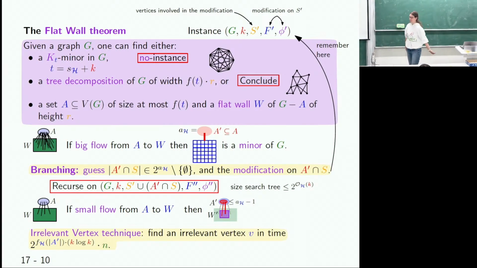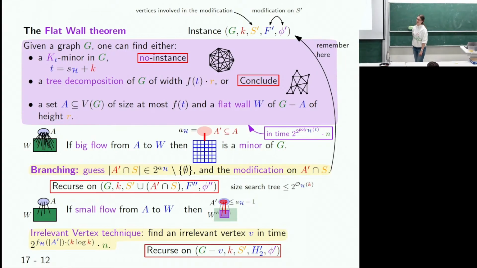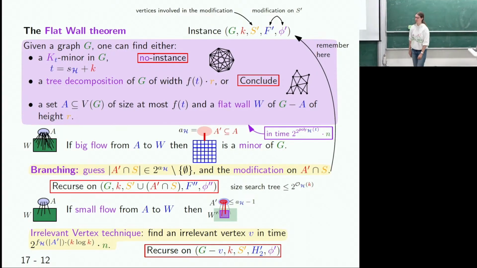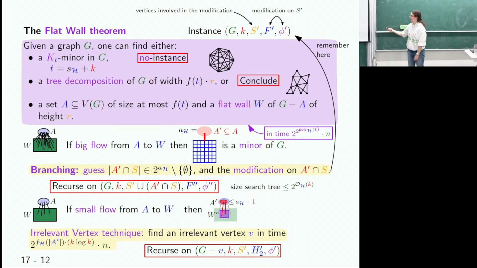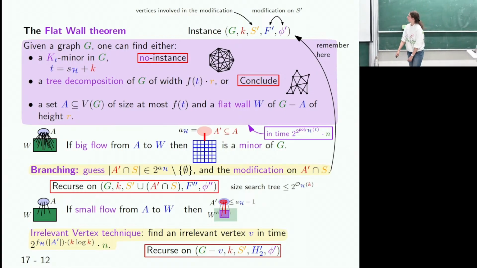So this is nice. This seems to give what we want. However, the running time actually is bigger than what we really want, because I claim that we can do it in 2 to the poly k times n, and here you get at least a double tower of exponential.